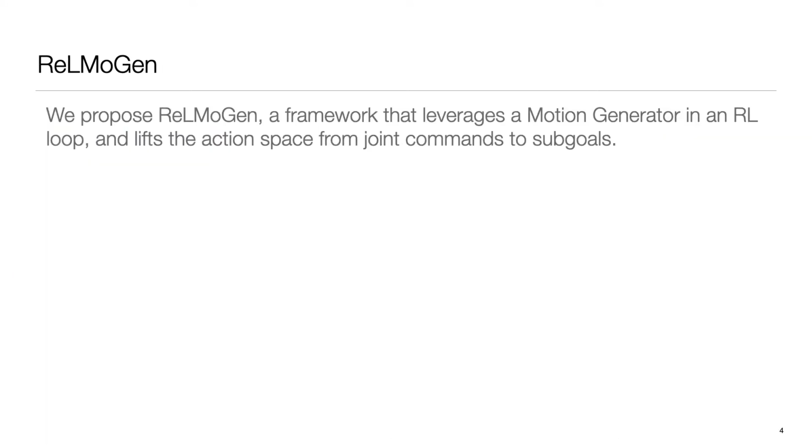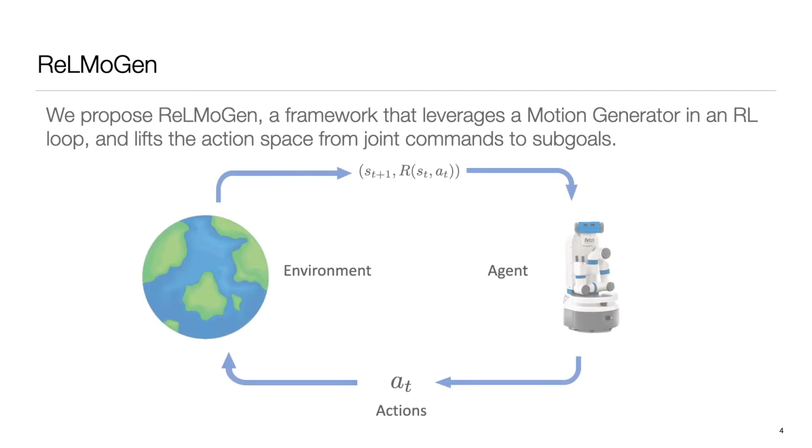We propose ReLMoGen, a framework that leverages a motion generator in an RL loop. We lift the action space of the original problem from joint commands to subgoals. To put things side by side, in classical reinforcement learning with low-level action space, the agent outputs joint motor controls and receives observations and rewards from the environment.